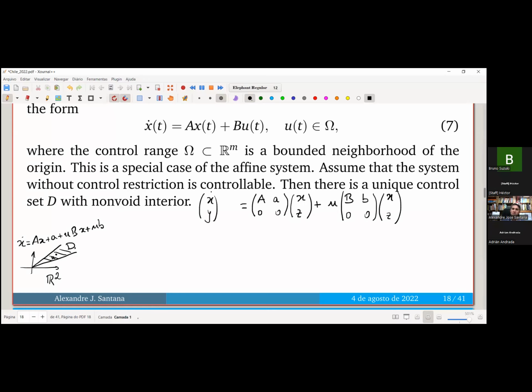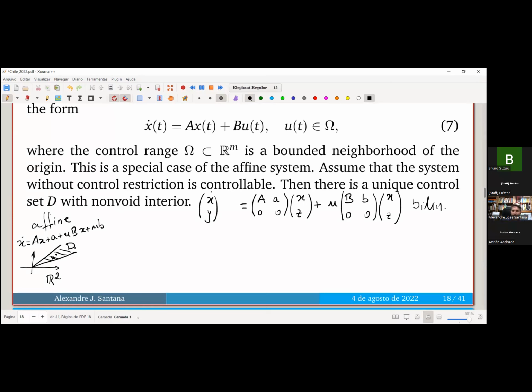This system here is a bilinear system. For bilinear systems, we have a better theory and more results about control sets and controllability than for affine systems. Here we have an affine system, and here we have a bilinear system.